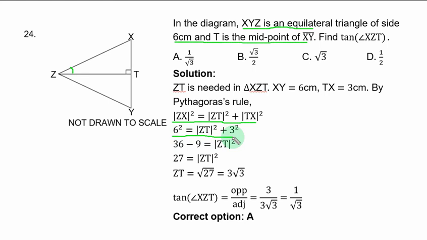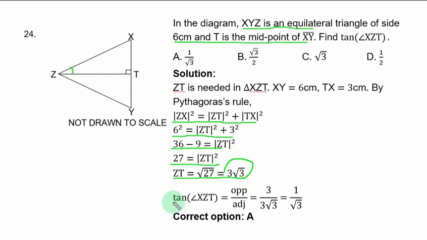If you simplify and collect like terms, you have 36 minus 9 equal to ZT squared, and you have 27 equal to ZT squared. To get ZT, you take the root of both sides, and ZT is equal to square root of 27. In surd form, you have 3 root 3.